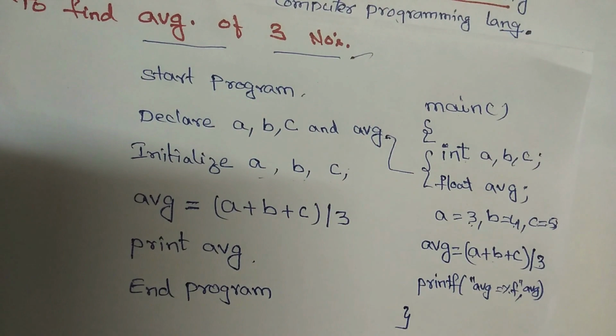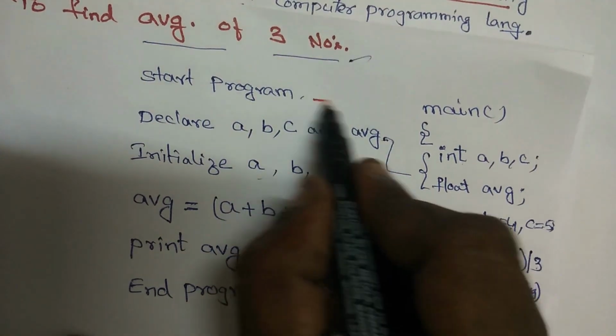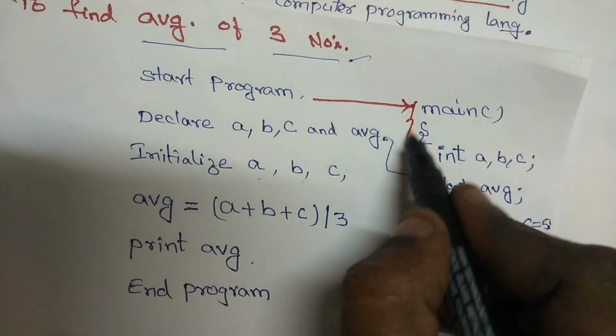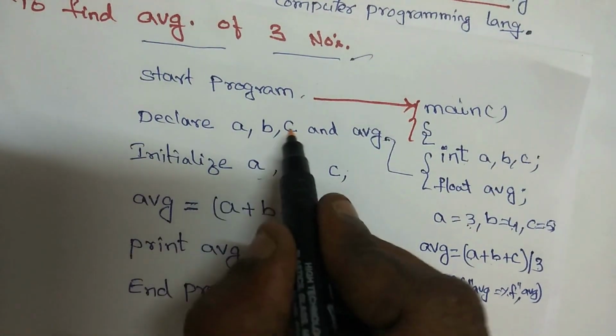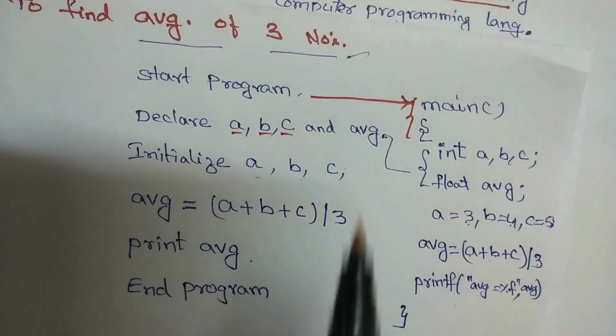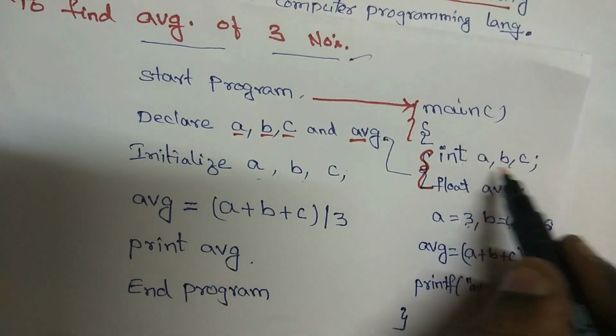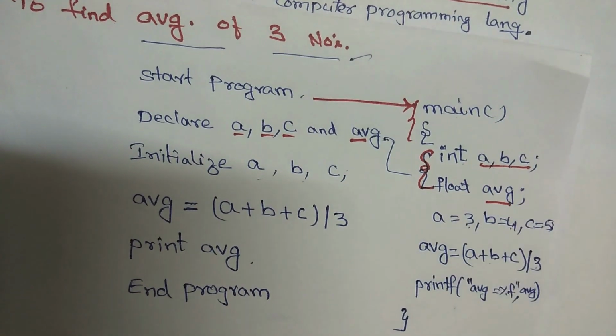See, here I have to clearly explain that the start is a main method. Means start of your program, this 2 is related to this one, and declare the inputs, what inputs you require and what output you require. That is, I have to declare 3 inputs and 1 output variable.